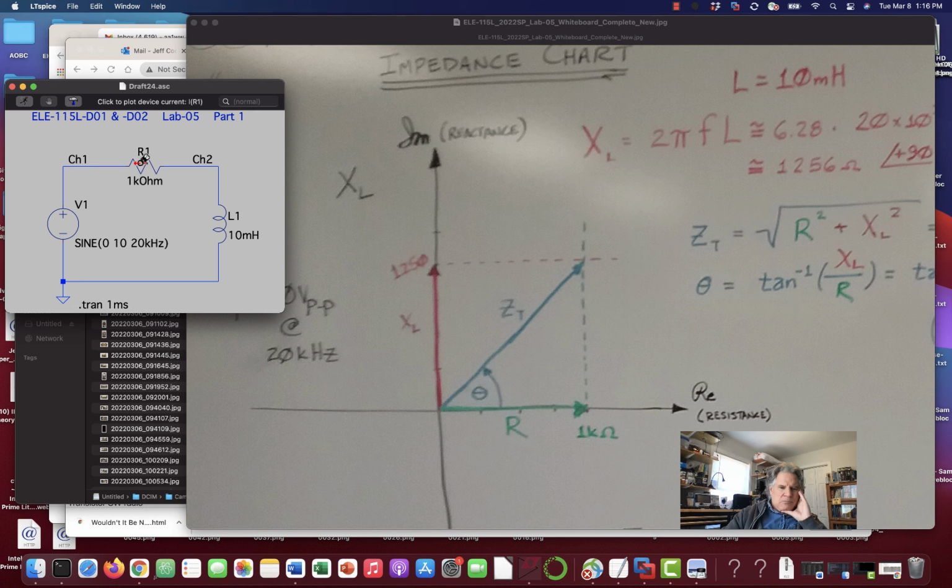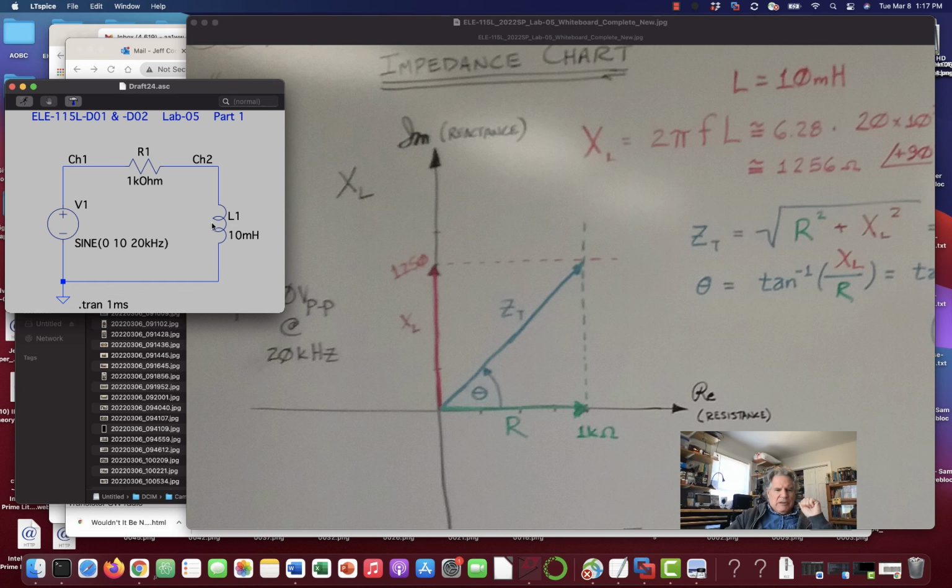But in steady state sinusoidal AC, and that's what we have here, a sine wave has been driving this circuit for a long time, so there's no transient responses or anything. We have a steady state response.